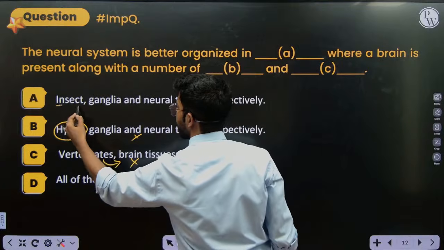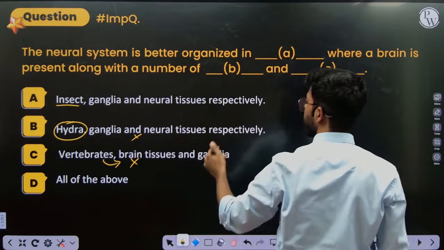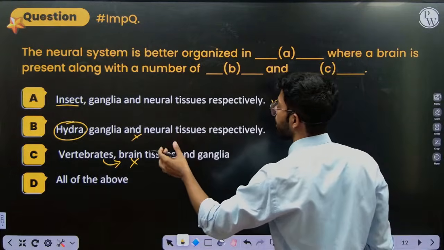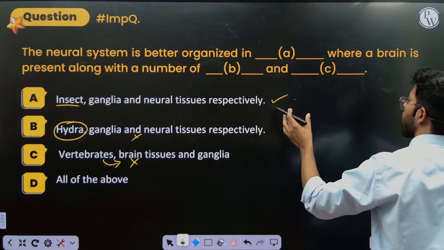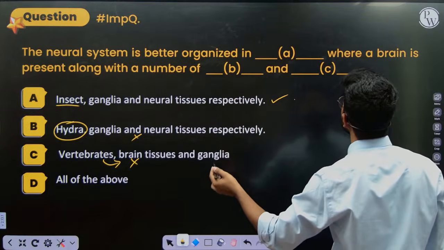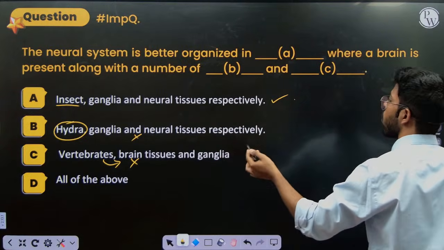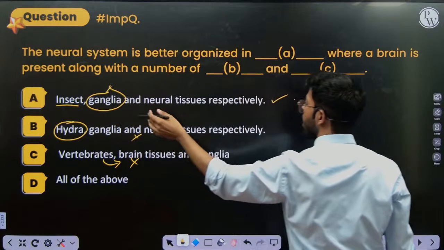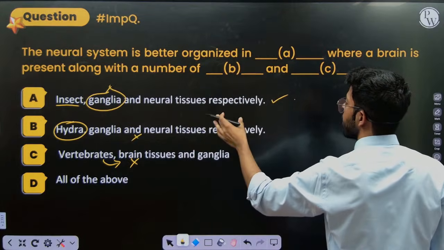The insects have ganglia and neural tissue respectively. So our right answer is option A: the neural system is better organized in insects, where a brain is present along with a number of ganglia, that is, a collection of cytons, and neural tissues.